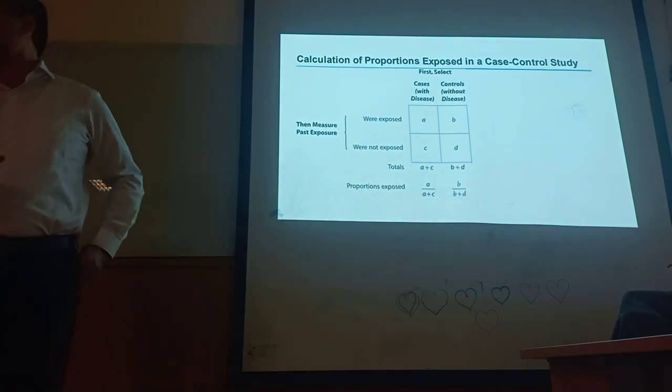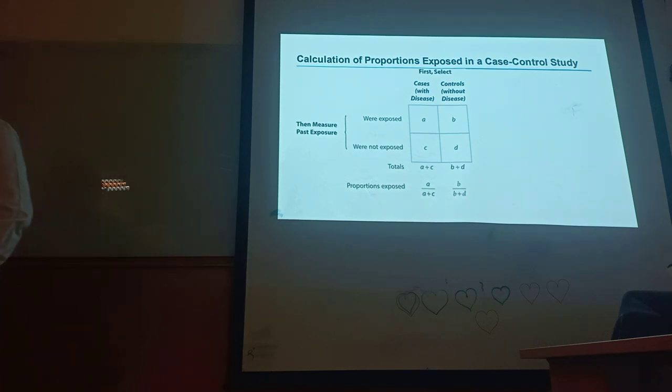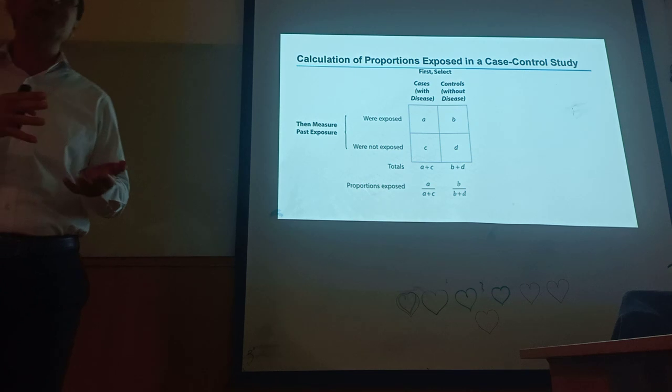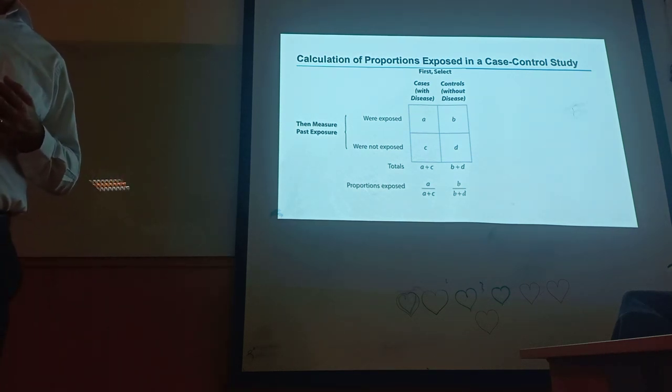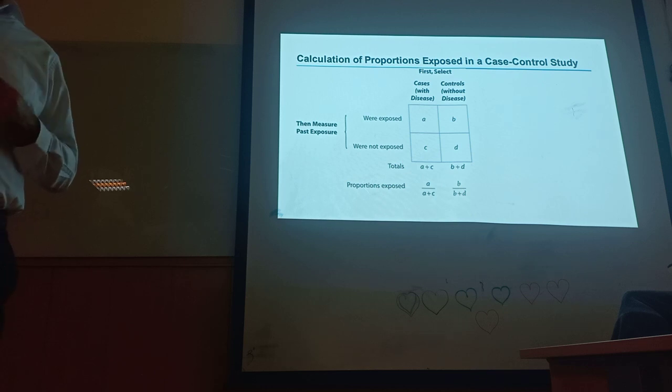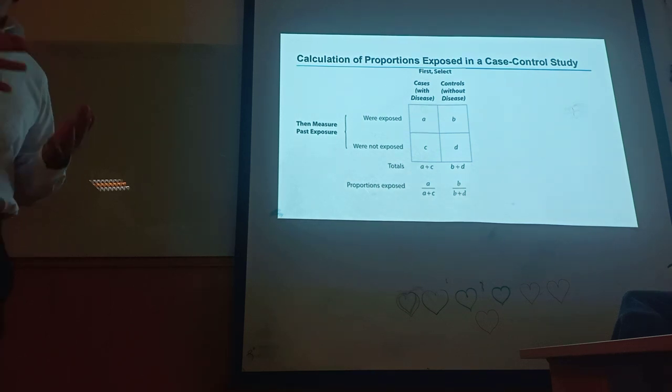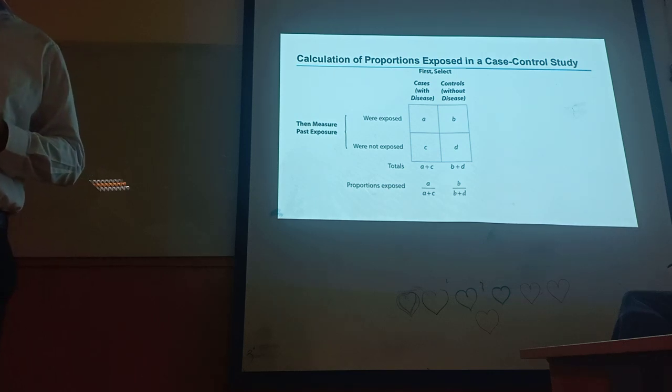Do you remember what odds was? Like 3 to 1. It is the probability of something happening to the probability of it not happening, like the probability of occurring disease divided by the probability of not occurring disease.